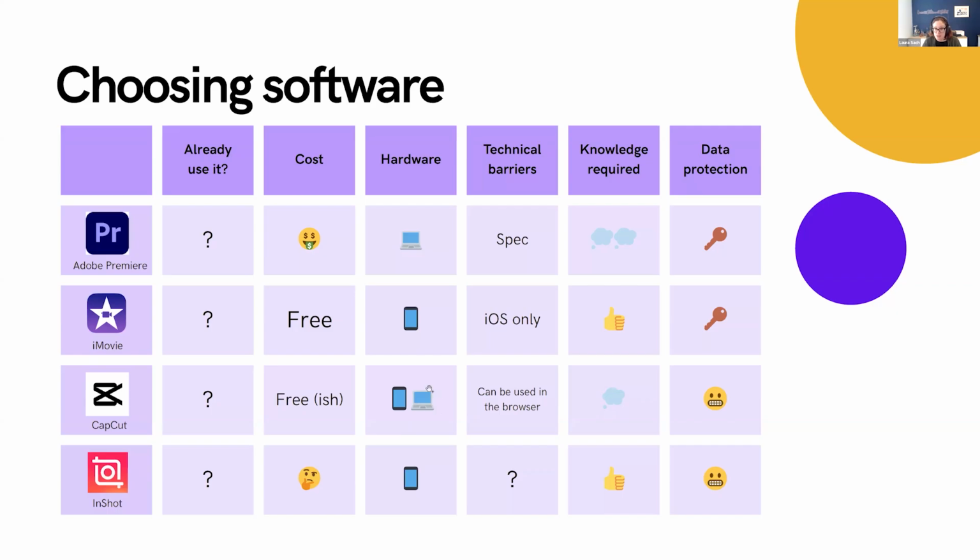CapCut you can actually use in the browser as well, or you can use it as a piece of software on a desktop computer. And with this kind of model, CapCut and InShot, they are free-ish. I say ish because InShot has some in-app purchase type things. CapCut again is free, but there are things that you can pay for, the more premium things.